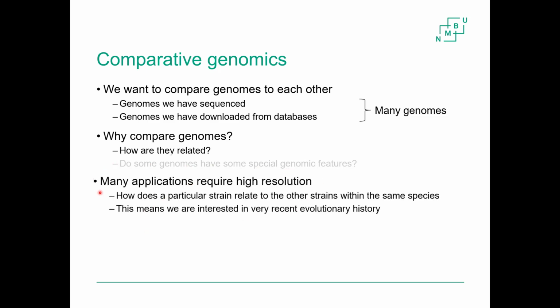Many of these applications, when we look for relatedness between genomes, require high resolution. And what do I mean by that? It means that we want to see how one particular strain relates to the other strains within the same species. So we are not interested in comparing genomes across various species in a big evolutionary picture.